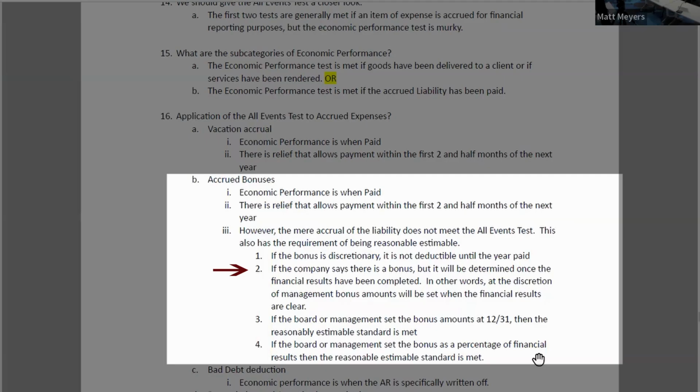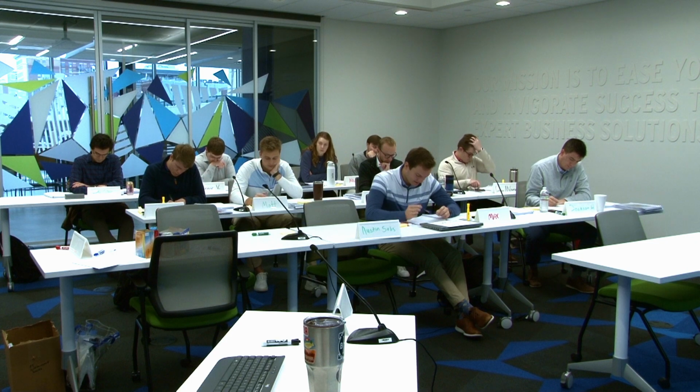If the company says there is a bonus, but it will be determined once the financial results have been completed. In other words, at the discretion of management, bonus amounts will be set when the financial results are clear. If the board or management set the bonus amounts at 12/31, then the reasonably estimable standard is met. And then if the board or management set the bonus as a percentage of financial results, then the reasonably estimable standard is met. Okay, so let's talk about what that means.